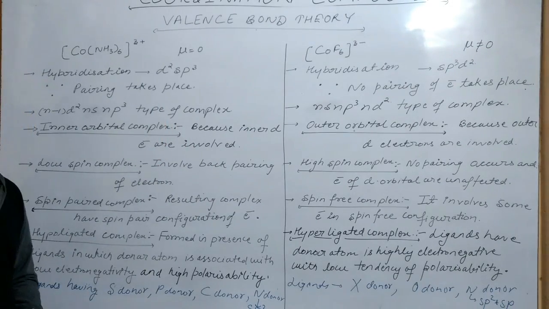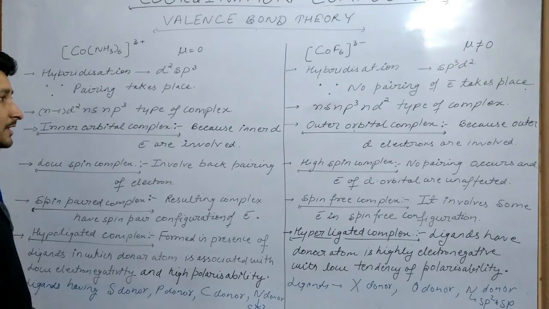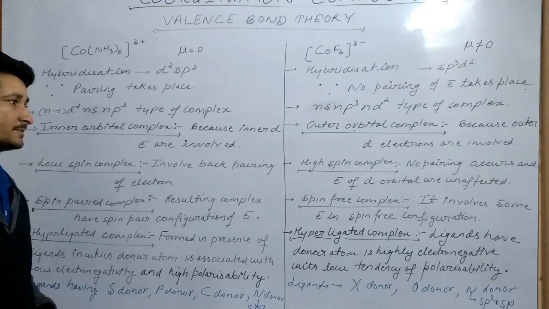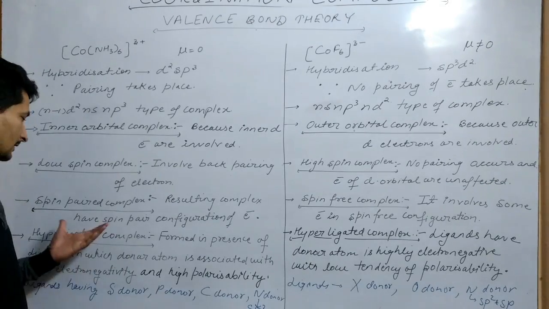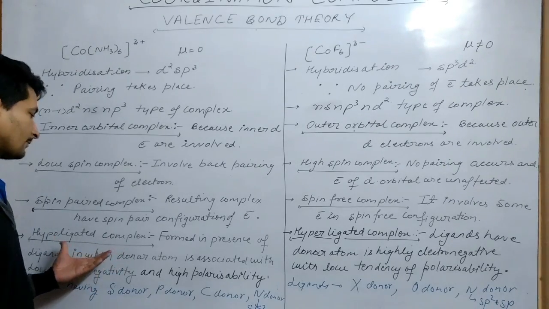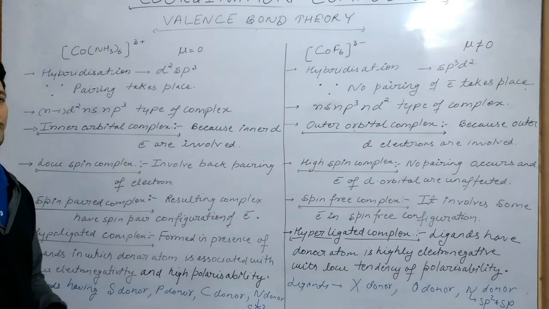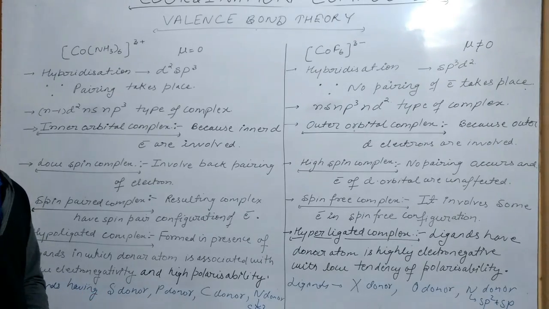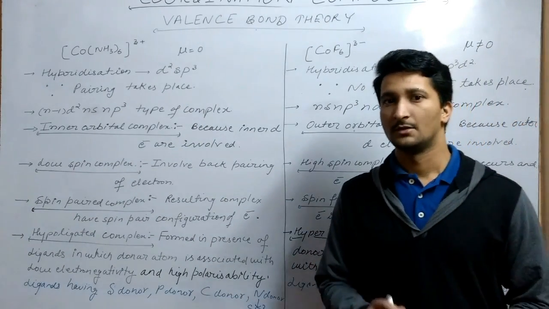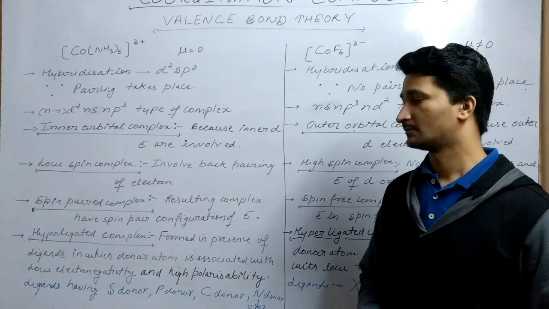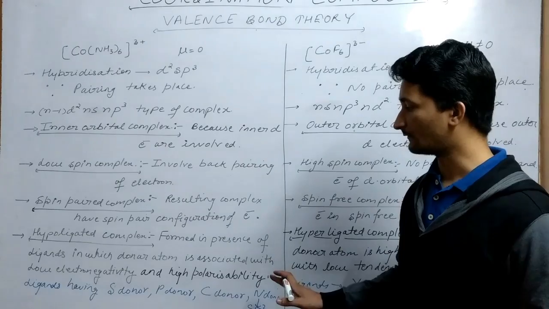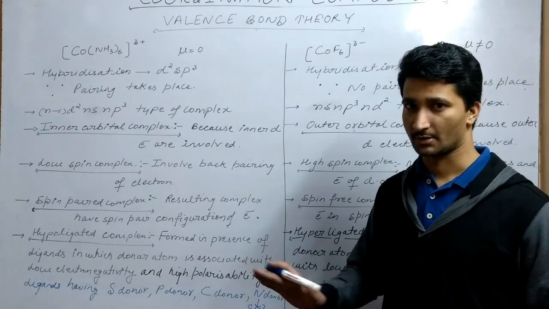These are very important terms because in the examination there can be a question: write the difference between inner orbital complex and outer orbital complex, low spin complex and high spin complex, spin paired complex and spin free complex, hypoligated complex and hyperligated complex, or sometimes they may even ask the individual terms. But you have to remember the reason why pairing took place, and the reason is given by the concept of valence bond theory.